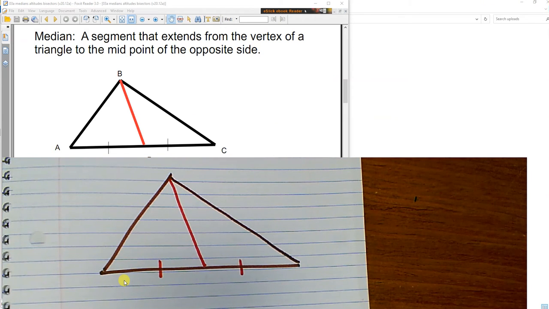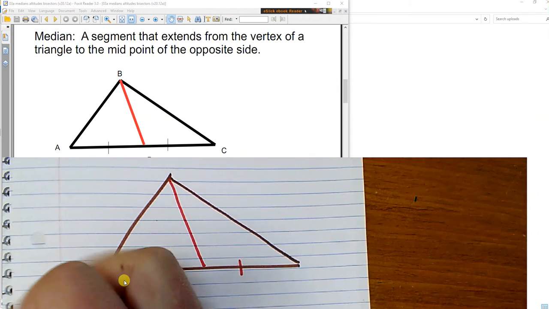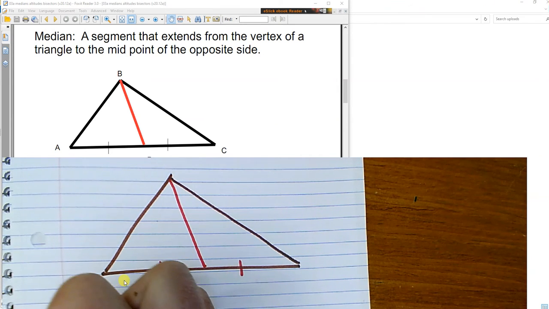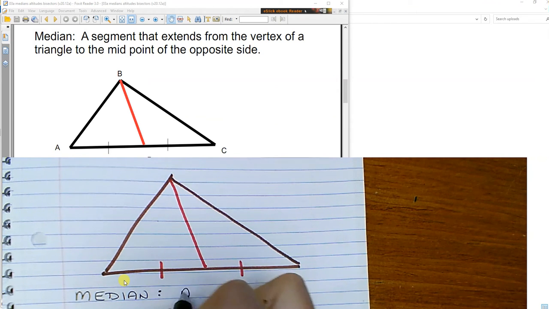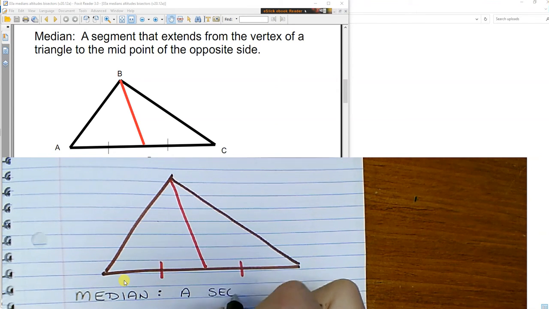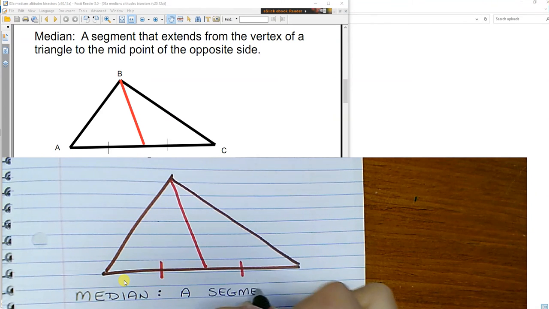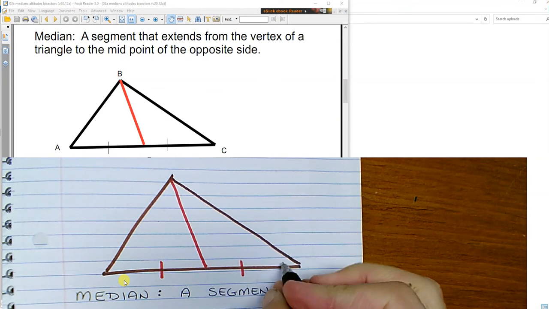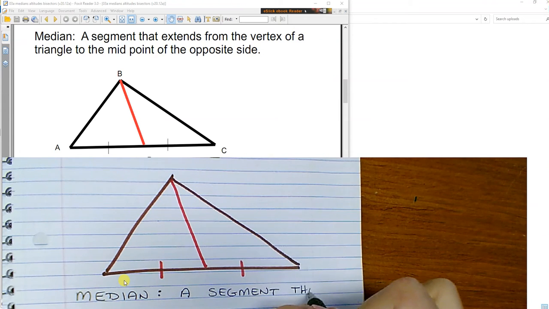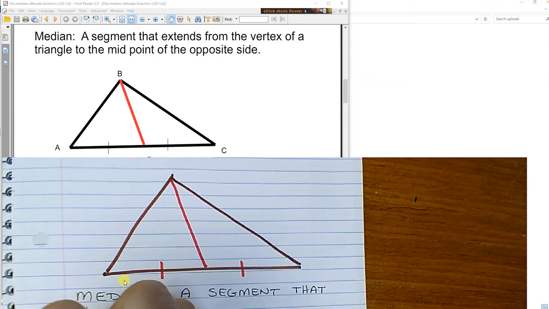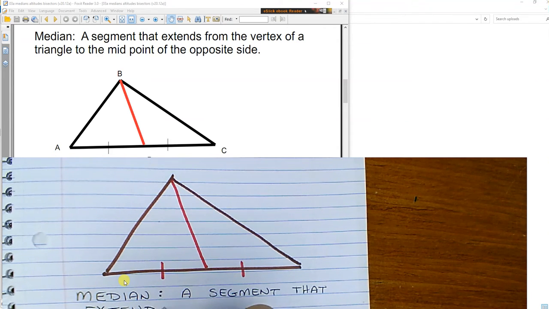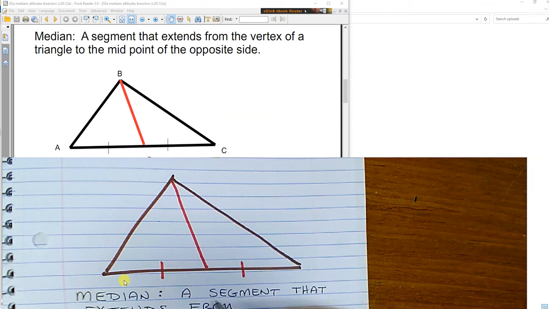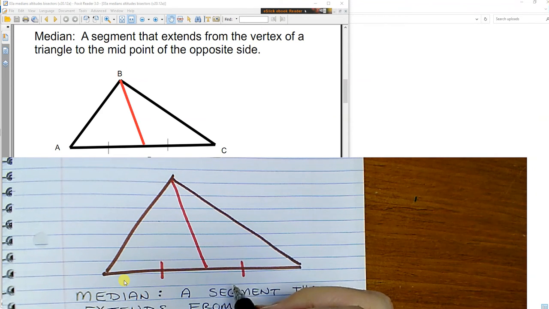A median. A segment that extends from the vertex of a triangle to the midpoint of the opposite side.